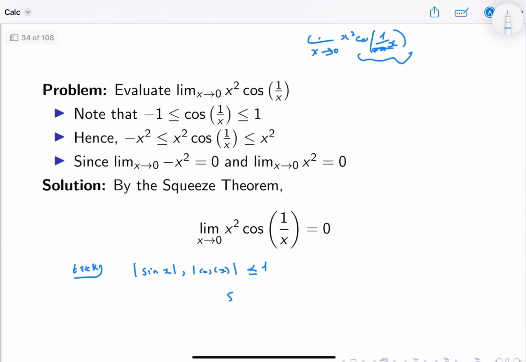In other words, sine x is between 1 and -1, and cosine x is between 1 and -1. This is always true for real x, so you can use that to get rid of this ugly cosine, and you can apply squeeze theorem afterwards.